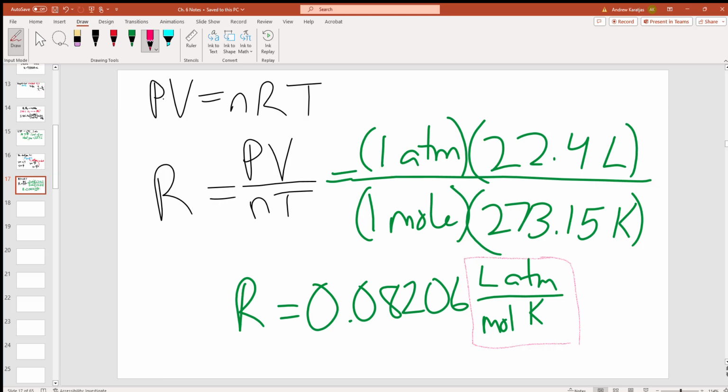If we use this value of the ideal gas constant, then we have to use liters for volume, atmospheres for pressure, and moles and degrees Kelvin.